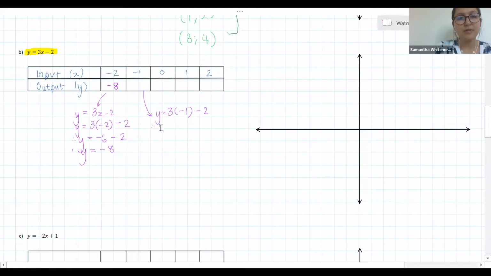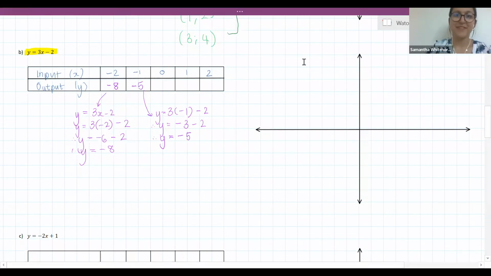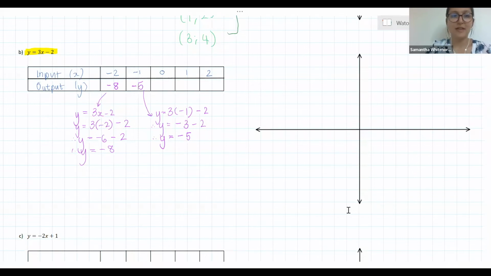Now 3 times -1 is -3. So we've actually got -3 minus another 2, which gives me -5. Okay, thanks. Good. Well done. Alrighty. So our next one, -5.